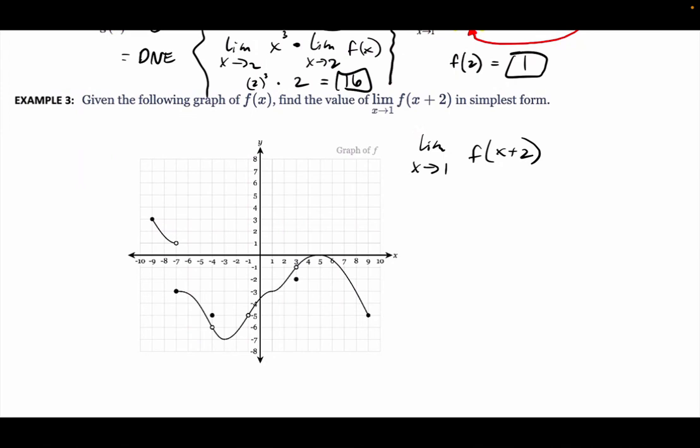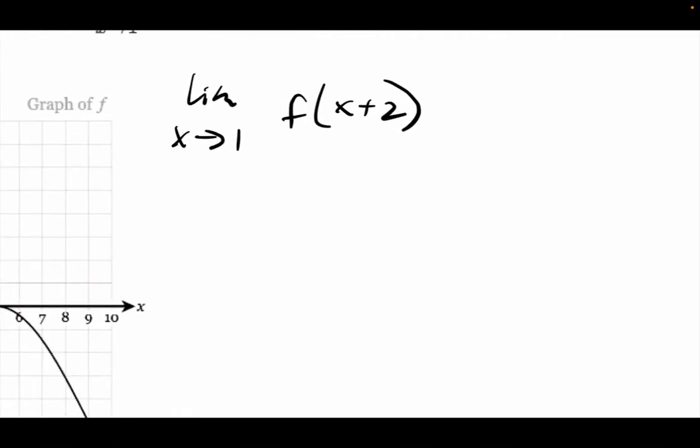If we plug in 1, right, we're going to get f of 3, which is DNE, because it's a hole at -1. So the way I would do it is, since it's a plus, let's separate it. Let's use the sum rule.